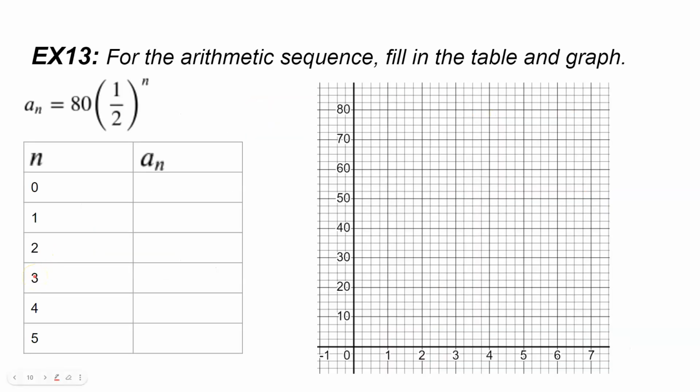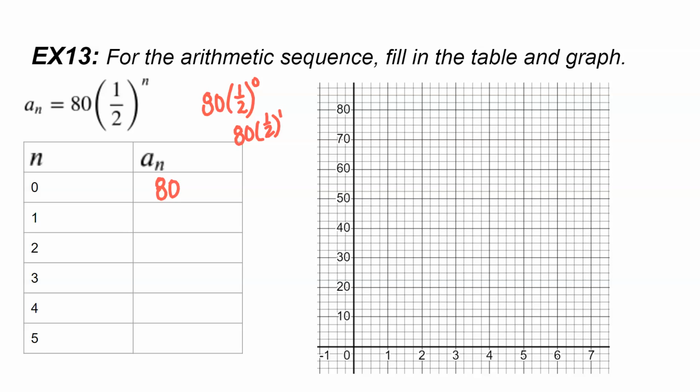Let's look at the graph real quick for these. I'm going to do this pretty fast right here for these. So if I plug in 0, I would have 80 times 1/2 to the 0 power. Anything to the 0 power is just 1. So that is just going to be 80 right there. And then I'd get 80 times 1/2 to the first power.